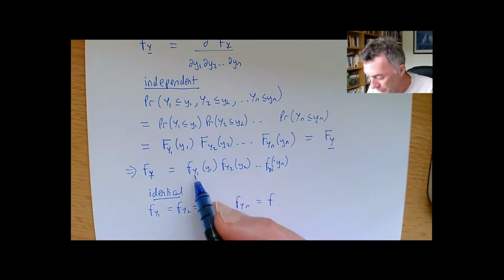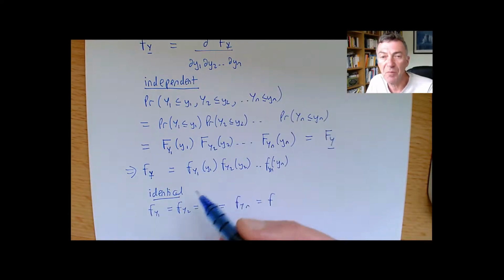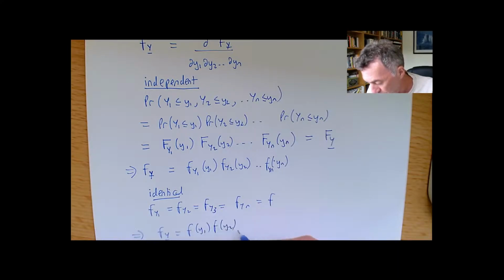So you don't have different distributions for each of the random variables, they all come from the same distribution. They're independent of each other, so it's like independent draws from this distribution, but from the same one. And that's what we mean by identical. So in that case, your joint density would be f of y1, f of y2, and so on, f of yn.